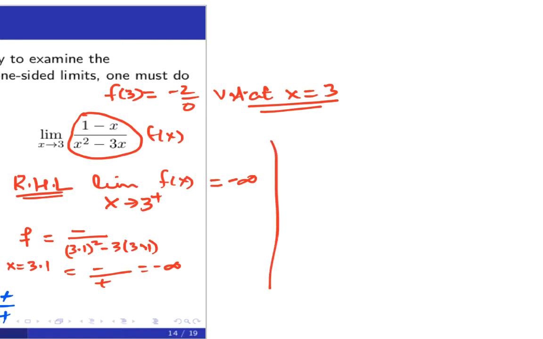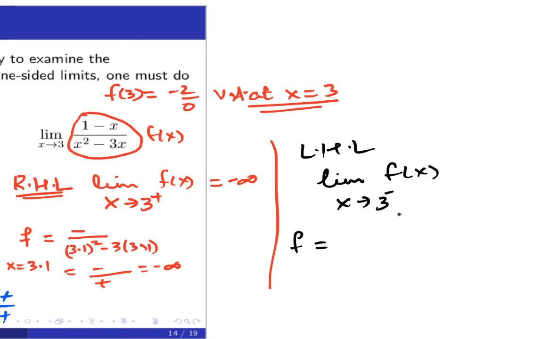Let's look at the left-hand limit. The limit as x approaches 3 minus of this function f of x. Now, let's look at the sign analysis. For 3 negative, so less than 3, say x equals 2.9. So what is the f value? 1 minus 2.9 is a negative number.